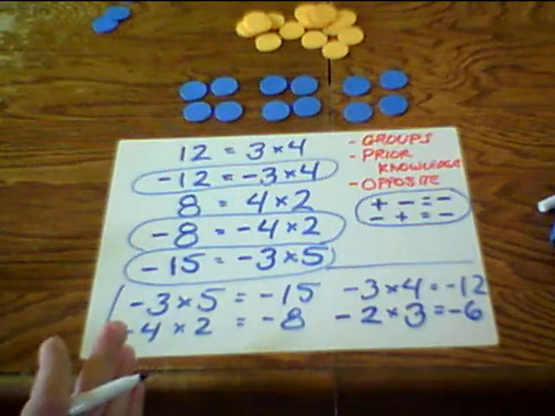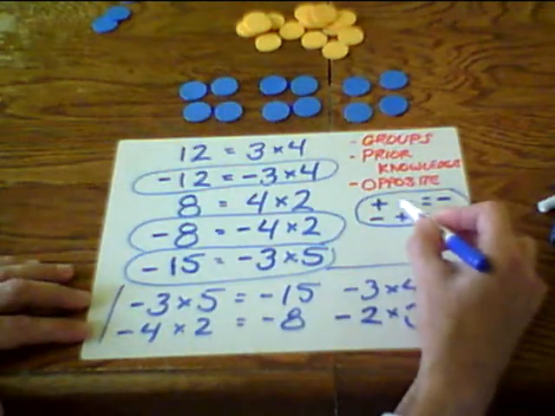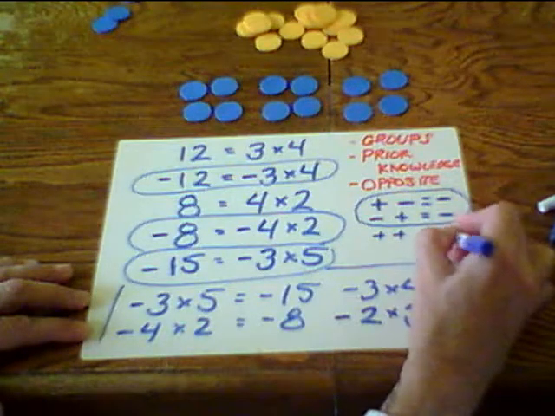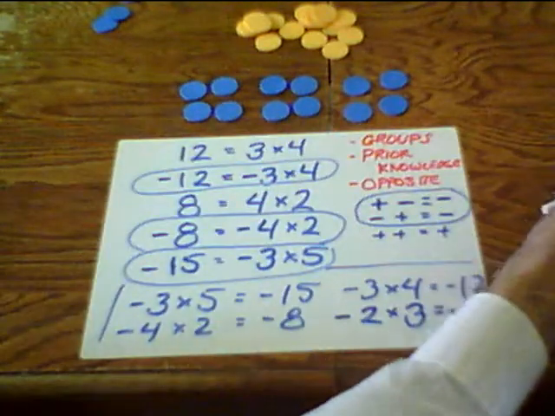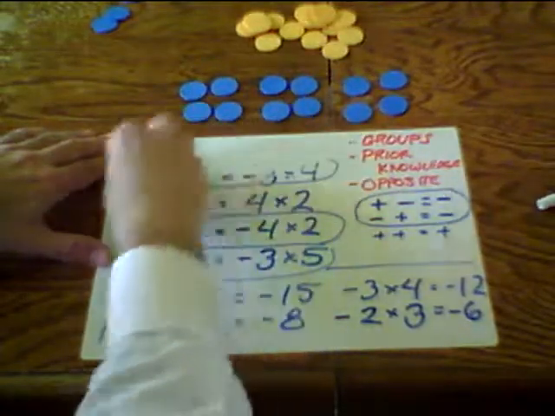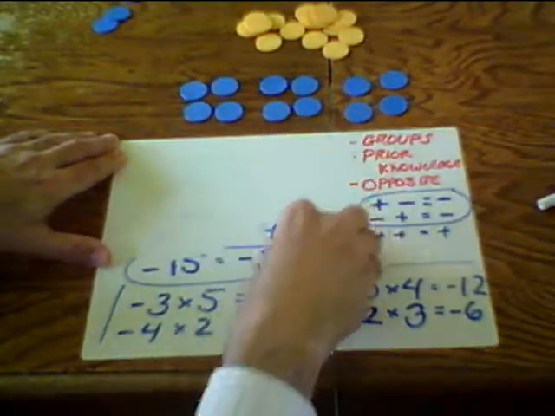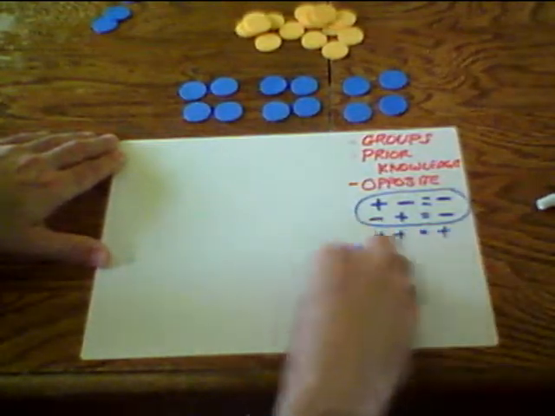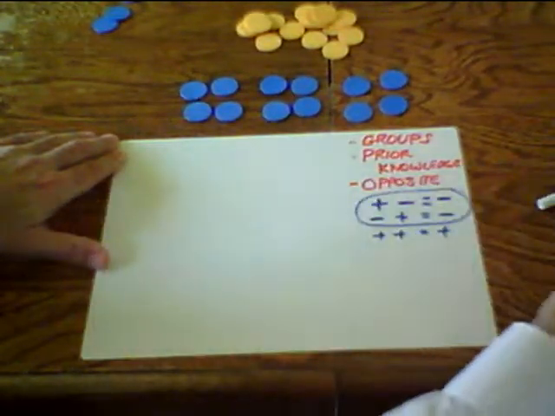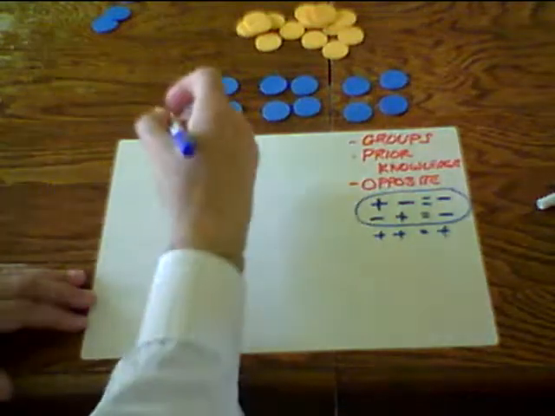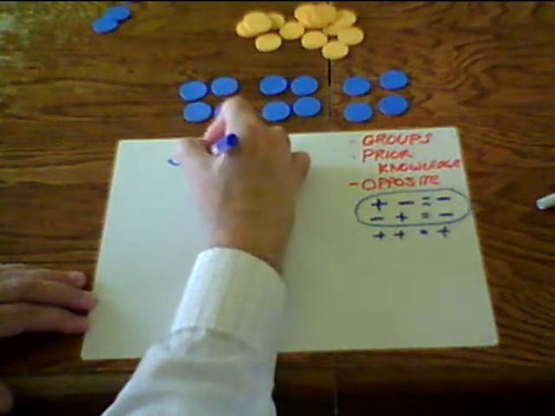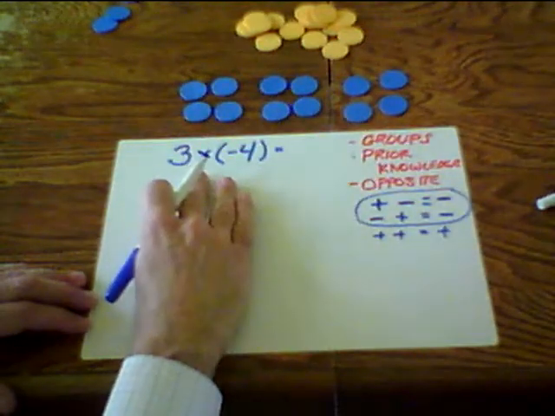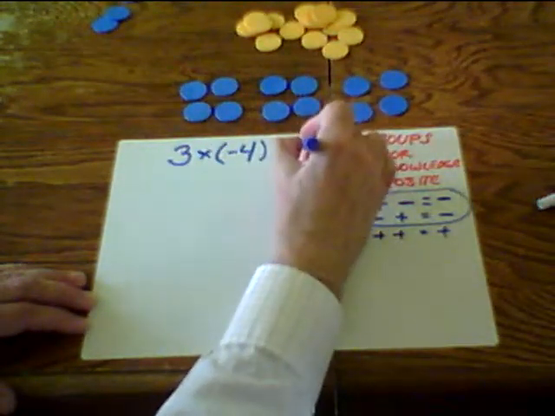Okay, so now students know how to multiply a positive times a negative, a negative times a positive, and a positive times a positive. The only one left to try is a negative times a negative. So we're going to use the same types of ideas. If we begin with 3 times -4, they know how to do this. That's 3 times 4 is 12, and it's a negative.